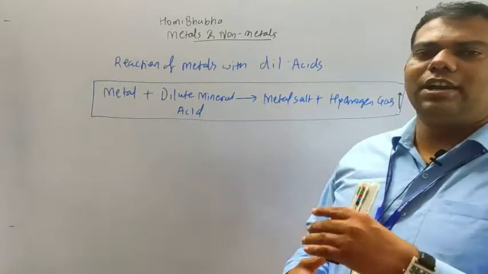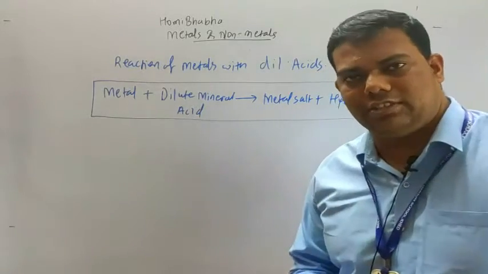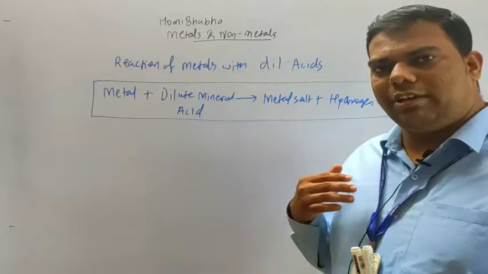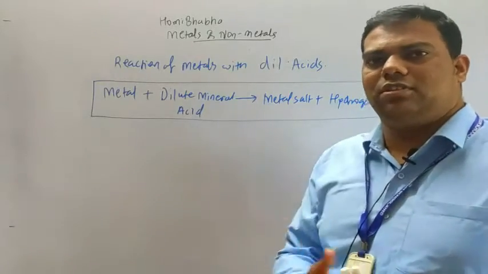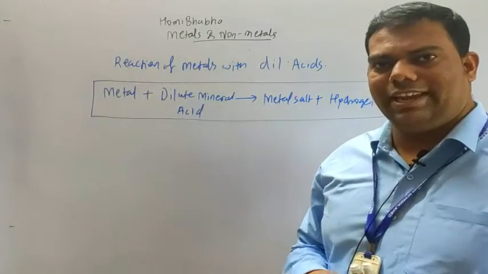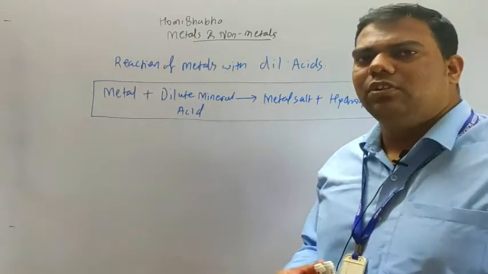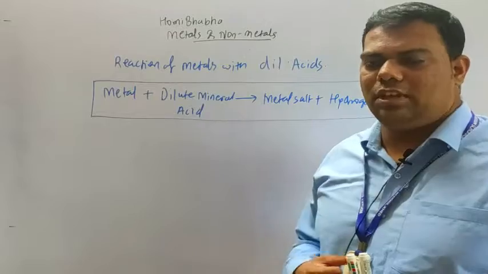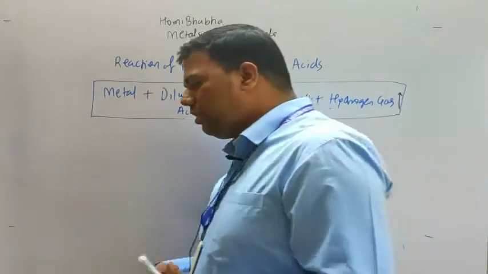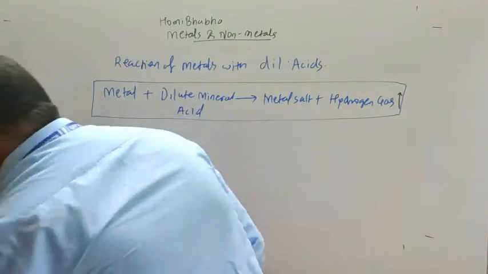Metals placed above hydrogen in the activity series can displace hydrogen gas easily as compared to those below hydrogen. It is very important here.